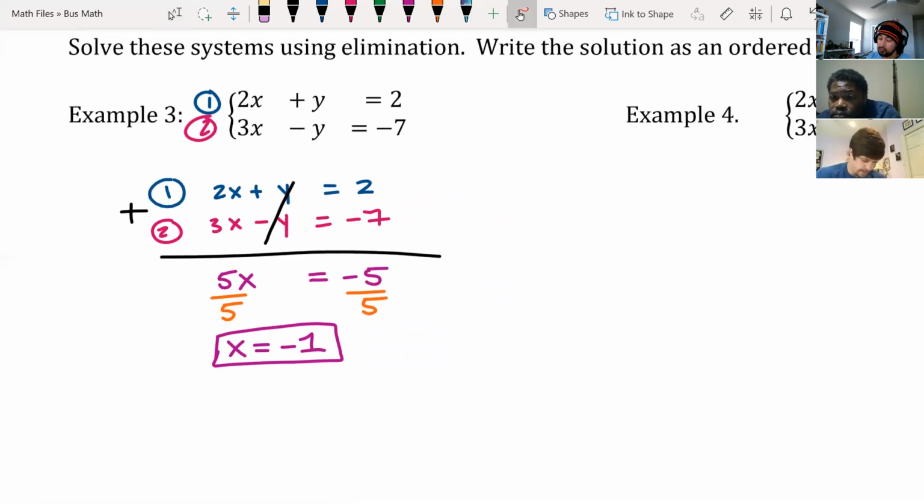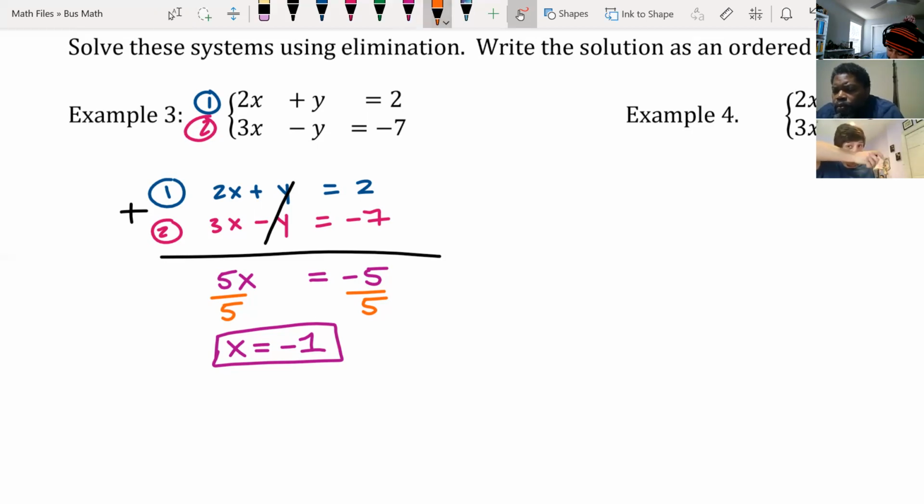So once again, once we have x, we solve for y, and you can take this x value and plug it into an equation of your choosing. Doesn't matter, you're going to get the same result no matter which equation you plug it into. So I'll just say plug x into, it looks like equation 1 looks easier.